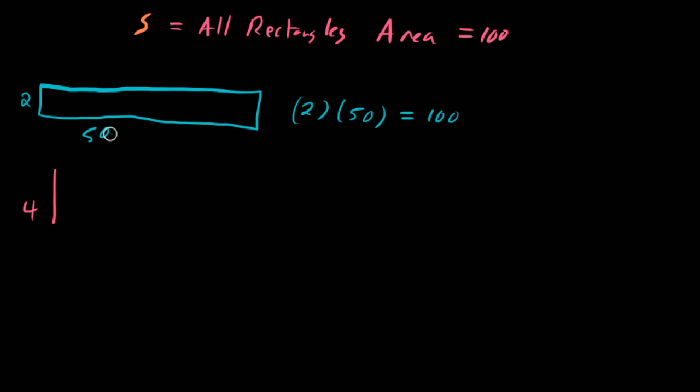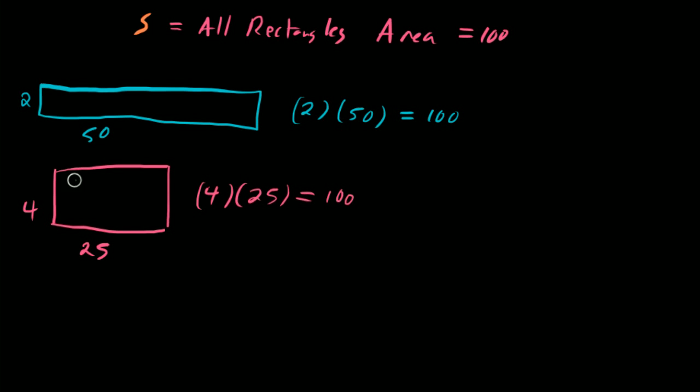Well, it would be half the length of 50, so it would be about to there. We could say 4 by 25. So again, our area is 4 times 25, and that would also equal 100. So these are both rectangles that are in our set S, which is all the rectangles with an area equal to 100.